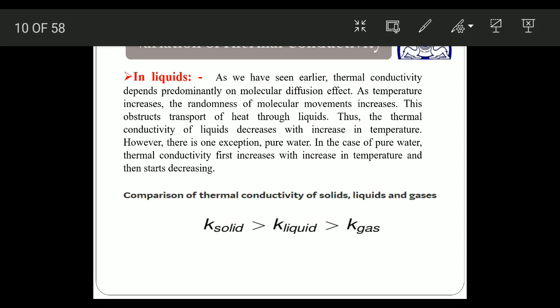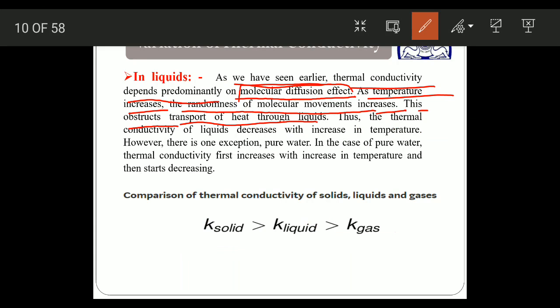Now let us see what happens in liquids. As we have seen earlier, thermal conductivity depends predominantly on molecular diffusion. In liquids, the thermal conductivity is again a function of molecular diffusion, and as temperature increases, the randomness of molecular movements increases. This obstructs the transport of heat through liquids.